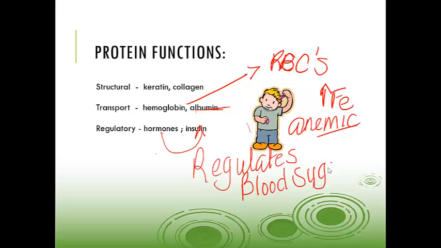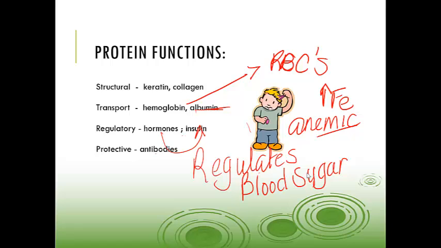And I'm sure you've learned that if you have diabetes type 1, you have no insulin produced in the pancreas. Diabetes type 2, you have insulin that's produced, but it's misshapen. So it has difficulty in taking up the blood sugar out of the blood.